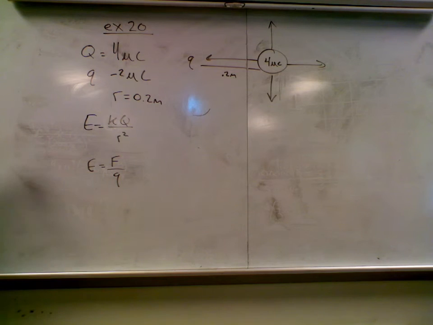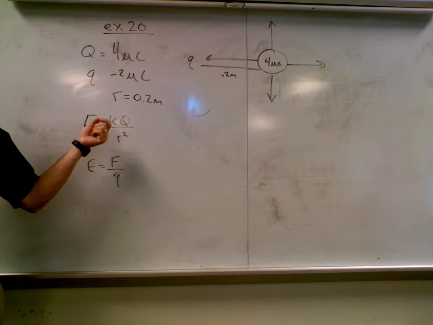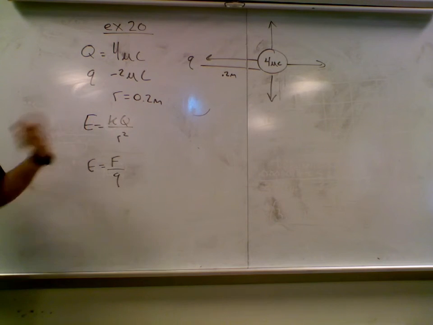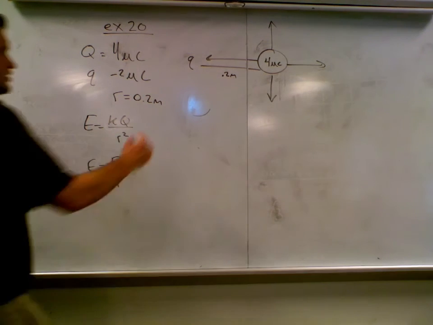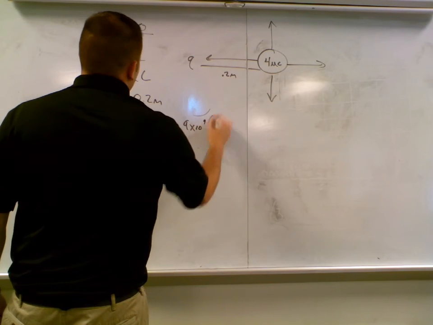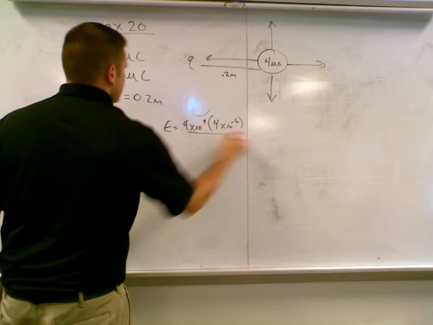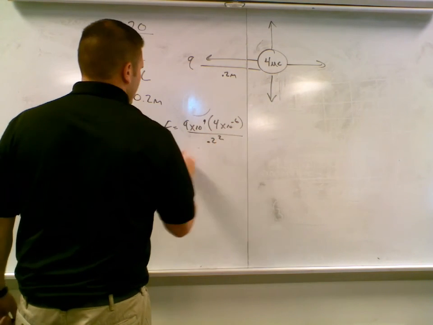Okay. The top one is for the field created because the big Q makes the field, right? So we can figure out what the electric field is. So E equals 9 times 10 to the 9th times 4 times 10 to the -6 because that's what micro means. All over 0.2 squared.